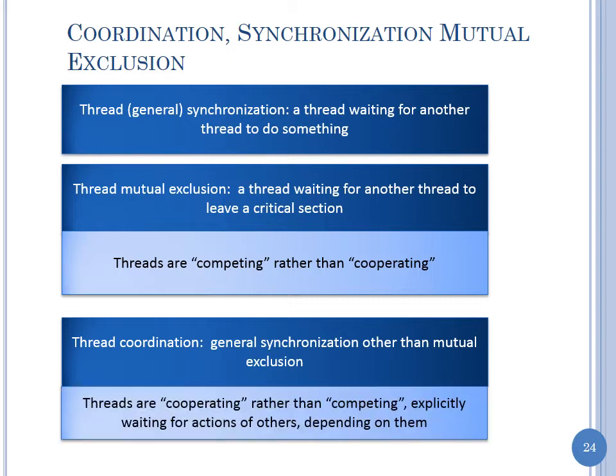Here the threads are cooperating rather than competing, explicitly waiting for actions of others, depending on these actions to be finished. So these are the two situations. And we've looked at mutual exclusion very quickly. Those of you who've done operating systems have seen spinning and semaphores and other mechanisms and seen the trade-off among them. We are focusing on Java, so I'm going to just focus on how Java does things.